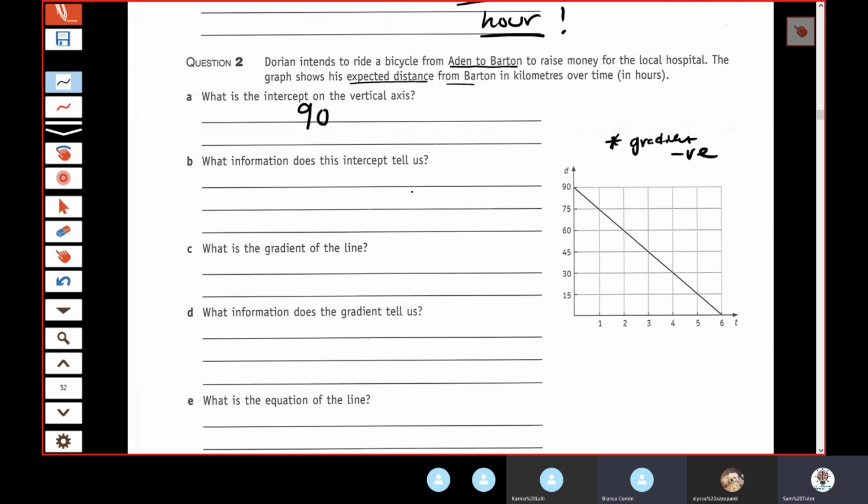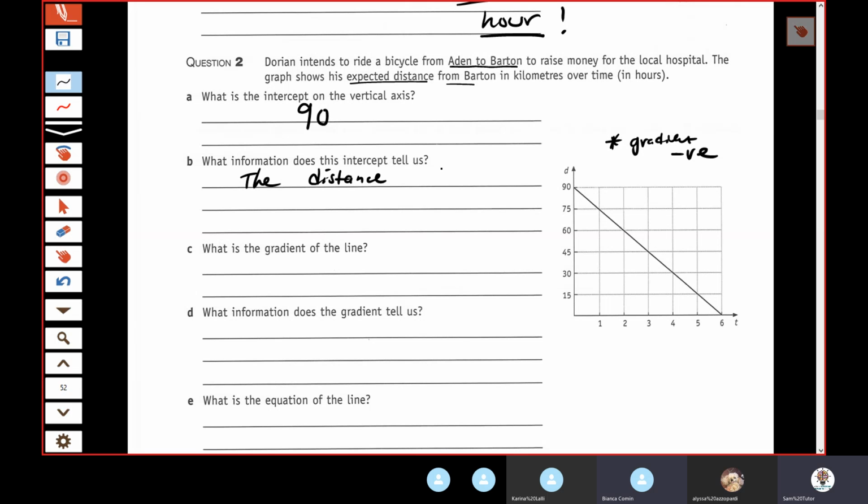What information does this intercept tell us? So it's the expected distance. Don't make it harder than it is.